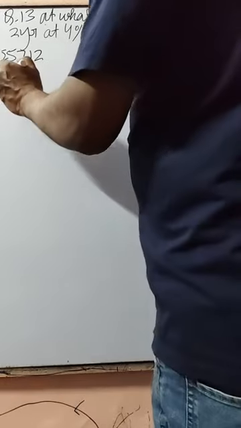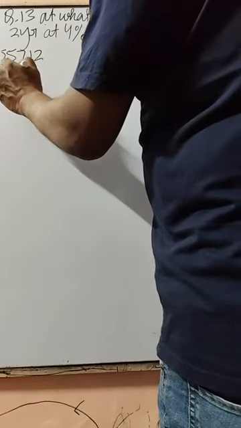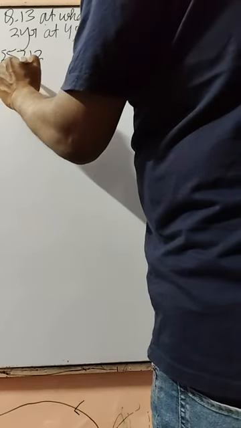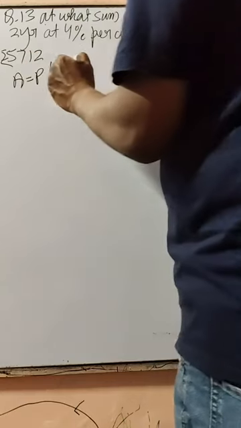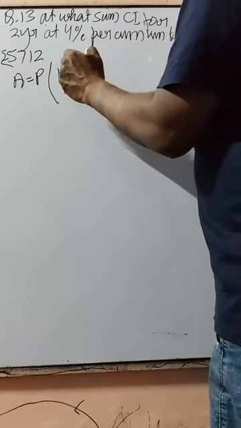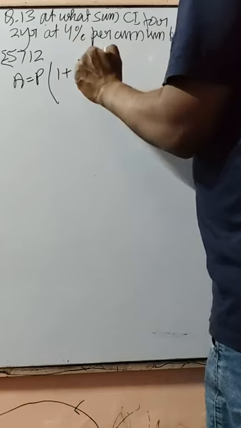So we have to find for what sum. Now we go for A is equal to P bracket 1 plus R upon 100 raised to the power n.